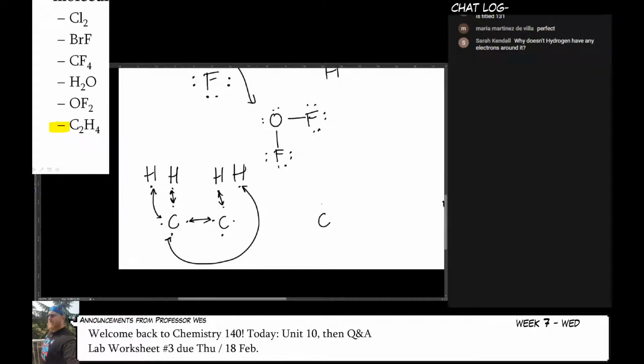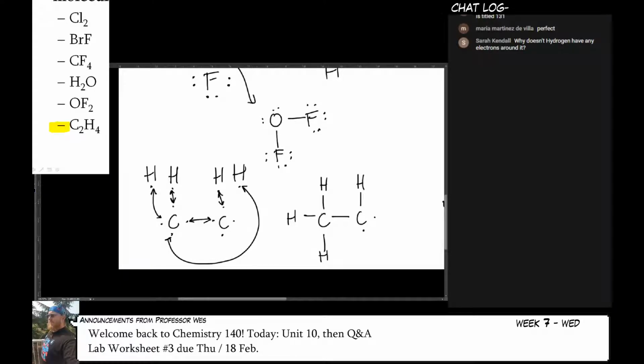So I'd have C, H bonding, H bonding, H bonding right here. A bond like that. And I have these unpaired electrons here. Did I satisfy the octet rule for everything? The answer is no. No, I didn't.